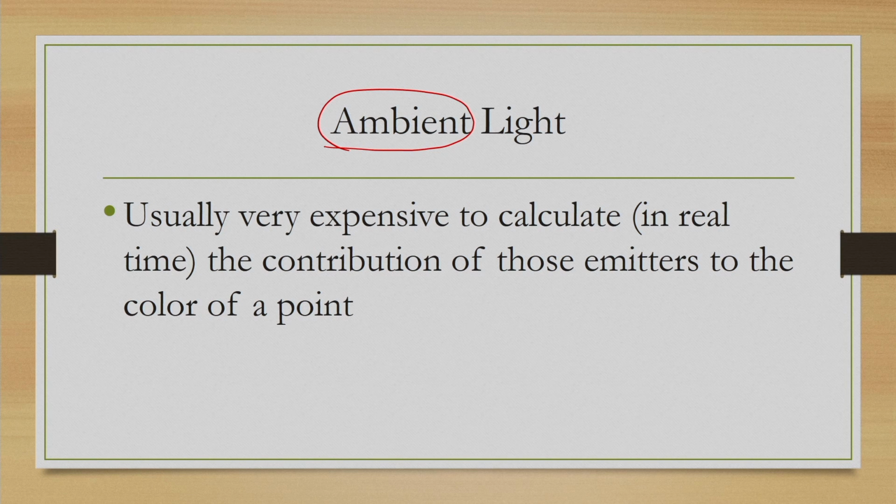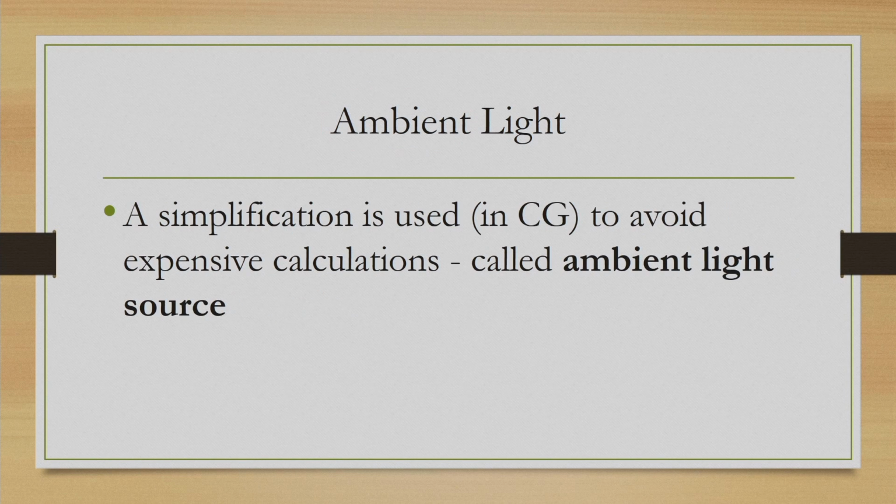So, typically in graphics, to avoid such complex computations, we assume some simplified model of ambient light. That also you will see in our discussion on the lighting model, and such a simplified model is called an ambient light source.